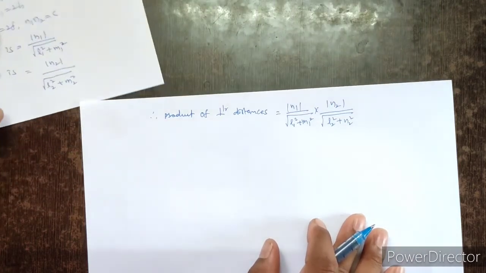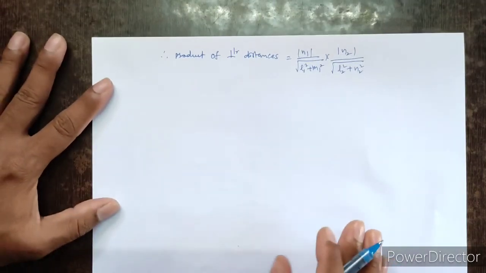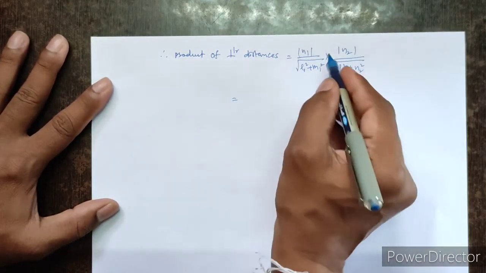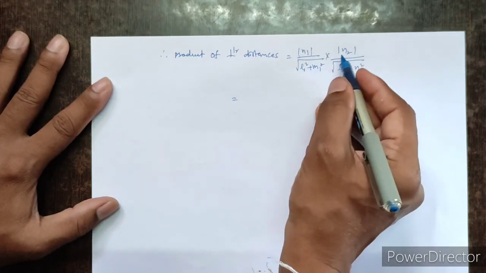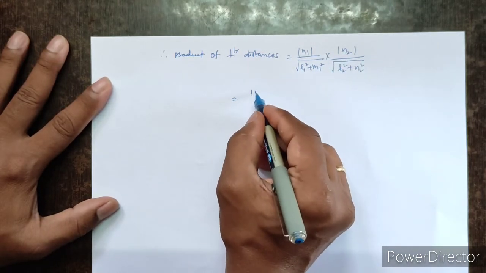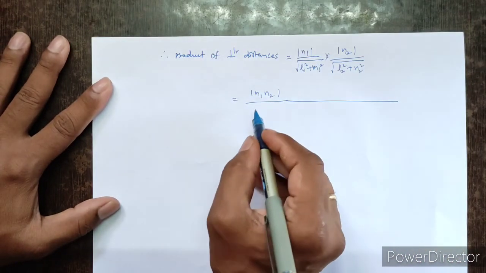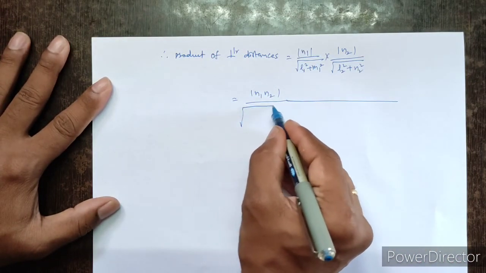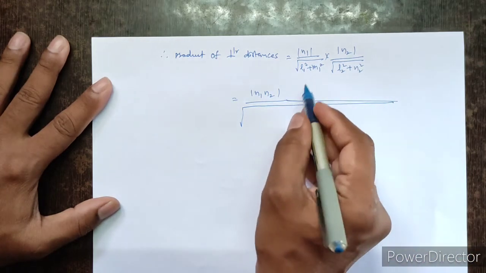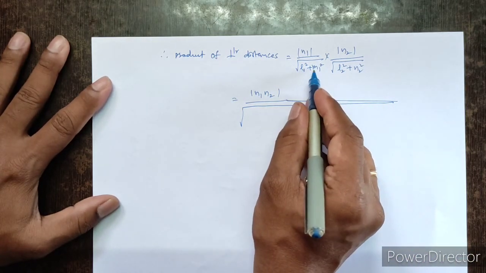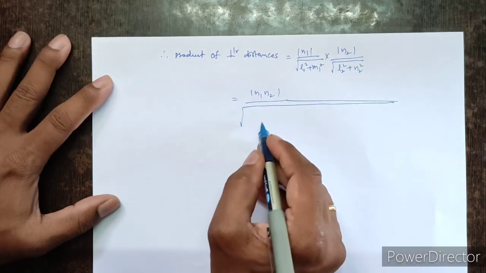So, product: mod A into mod B is nothing but modulus AB. So modulus N1 into N2 by root of, this is root A into root B is nothing but root AB.